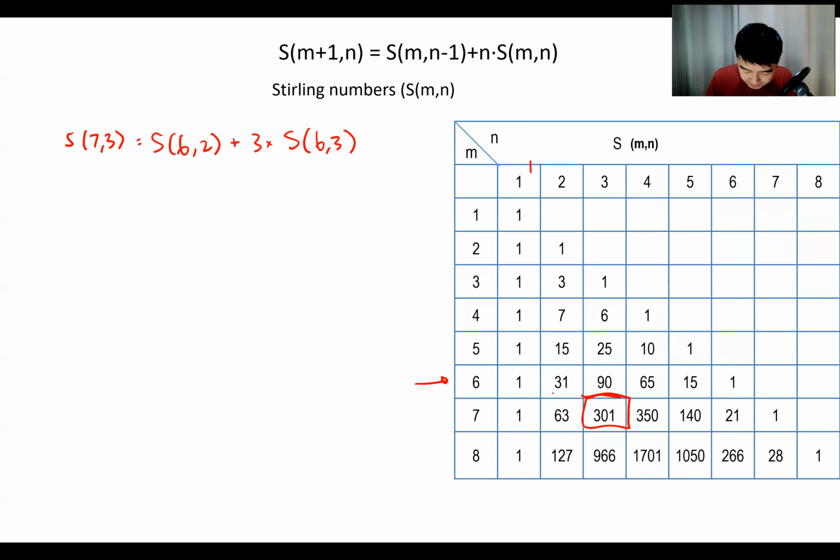So S of 6, 2 and S of 6, 3 make up this number. S of 6, 2 is 31, and then we do 3 times 90, which is going to give me 301. Just verify that that is correct and is an application of this theorem.